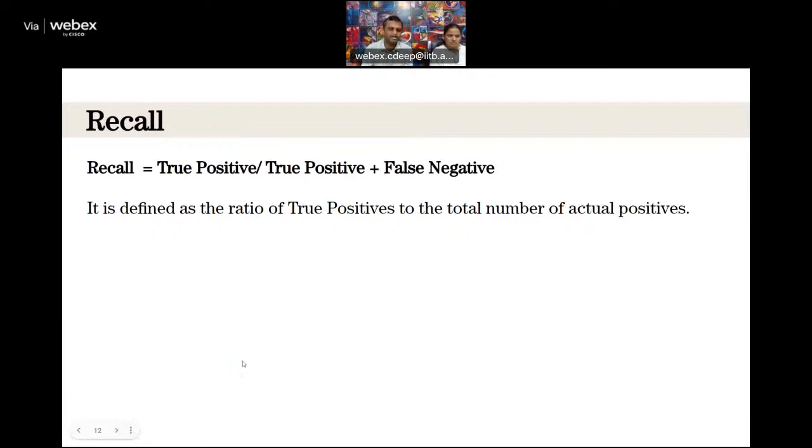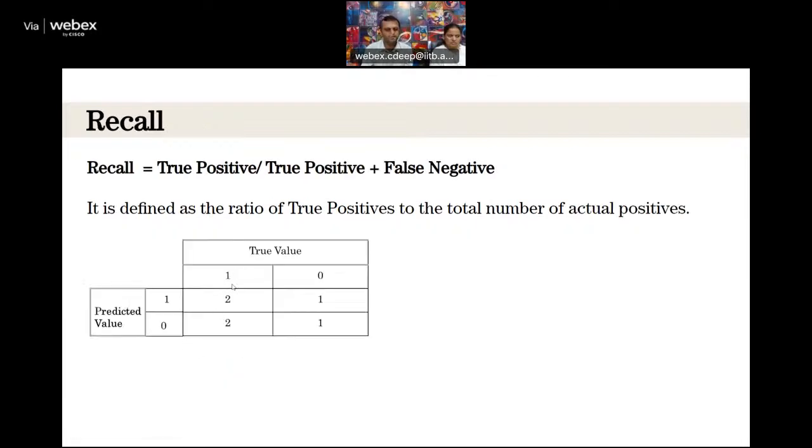In recall, we check how much I was able to predict. For example, there are 4 students who got more than 80 marks, but I predicted only 2. So this gives how much my system can predict correctly. In precision, out of everything I predicted as positive, how many are right. In recall, out of the really positive cases, how many I can predict. That's the difference.